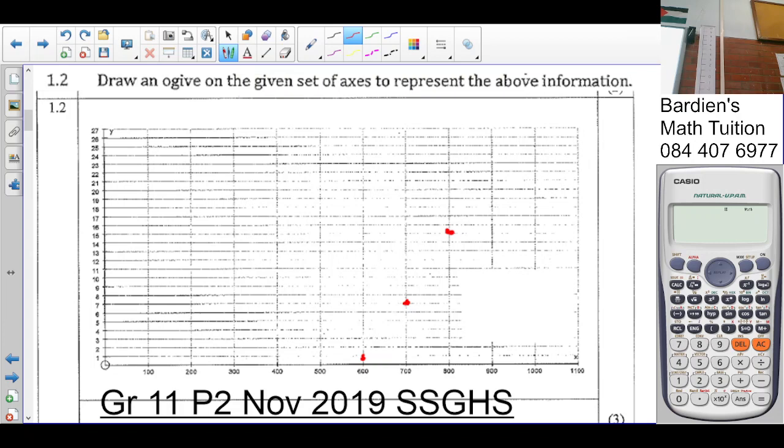Okay, next one, 900 and 18. 1,000 and 20... and 3. And 1,000 and 27. Okay? So what do we do? We connect the dots freehand.